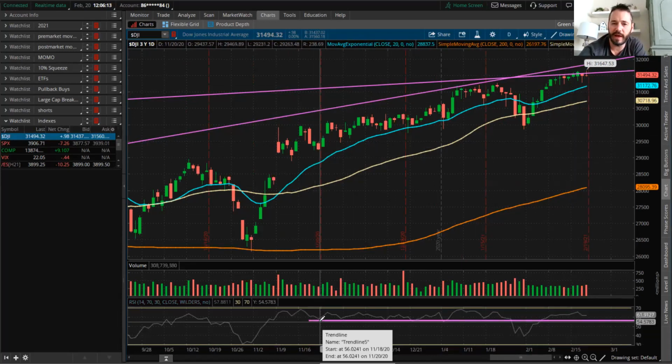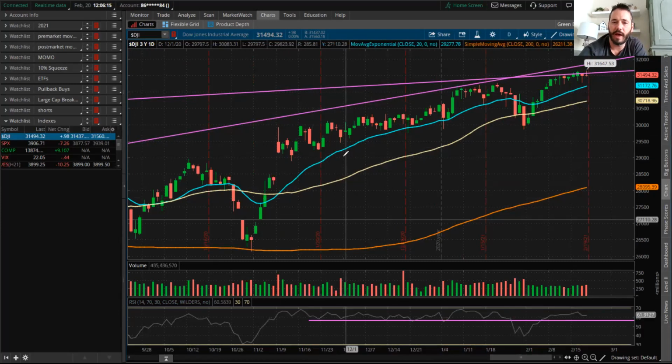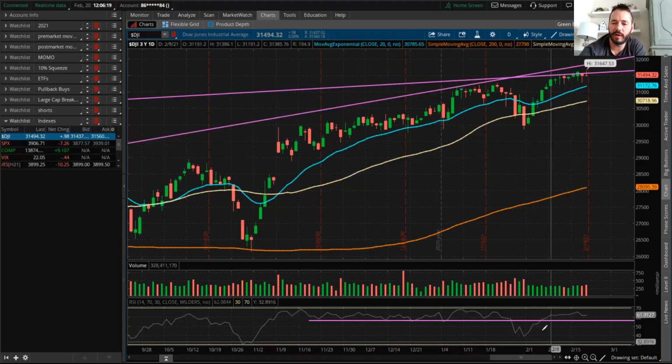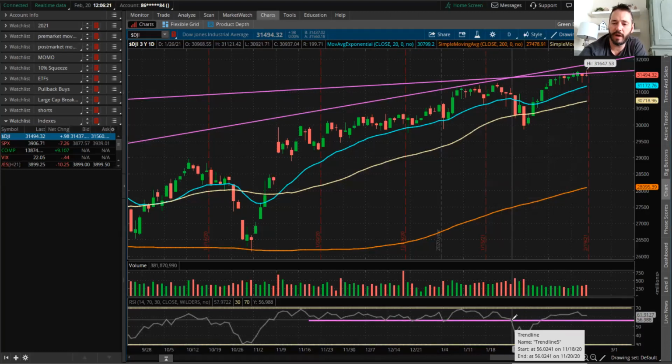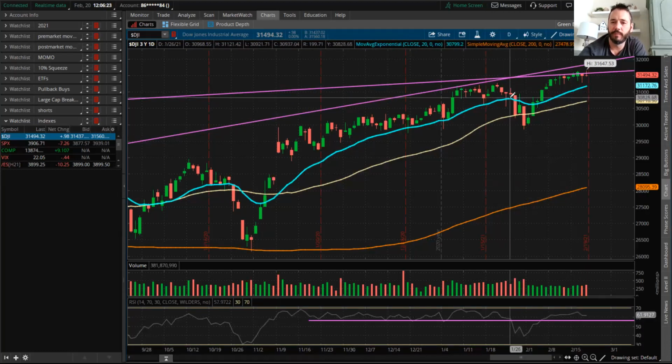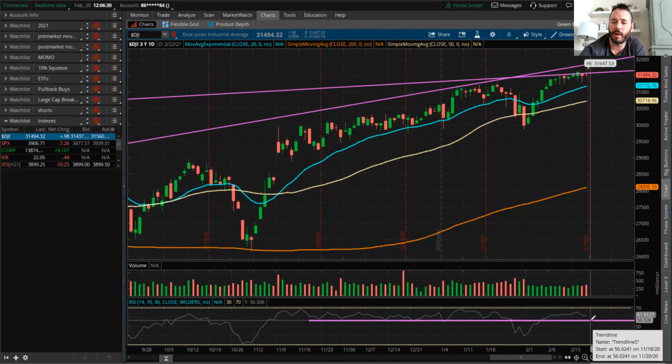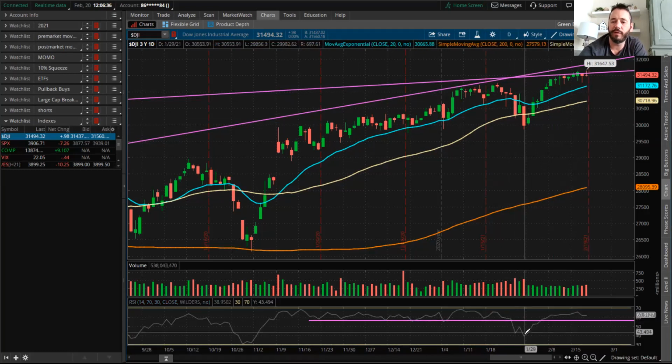I've noticed we've hit that on each pullback and we have rebounded. The only time that we didn't hit it and rebound, it tried to, is right here where we had a more aggressive pullback. So you're going to want to watch these levels coming up. If you dip below the 55, 56 area, just be careful. There may be more of a pullback.